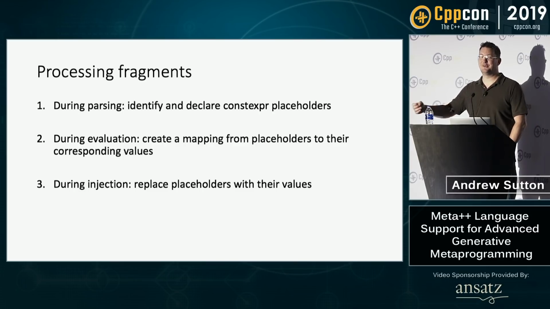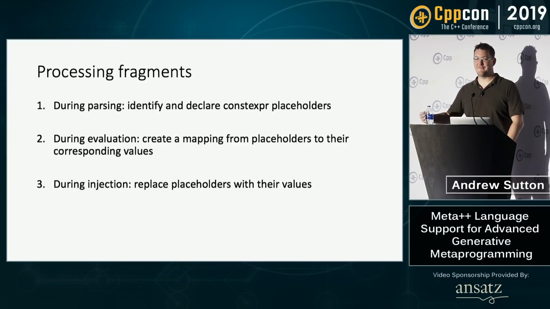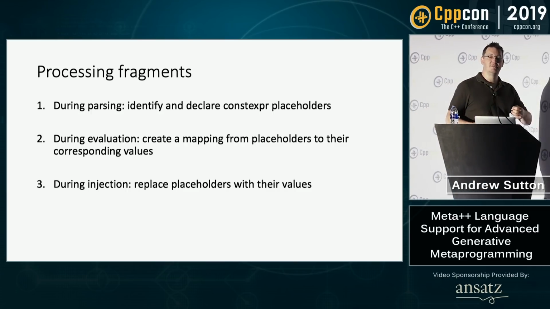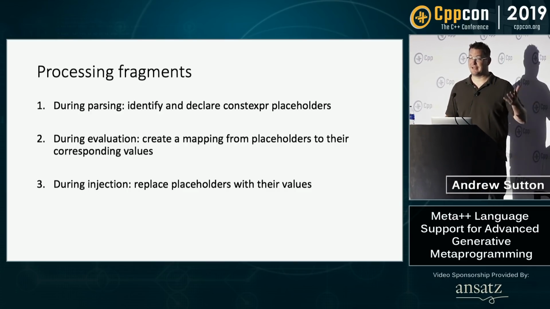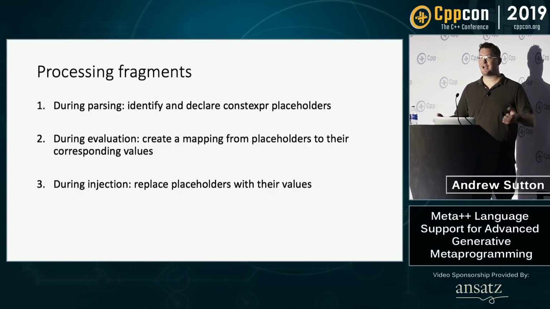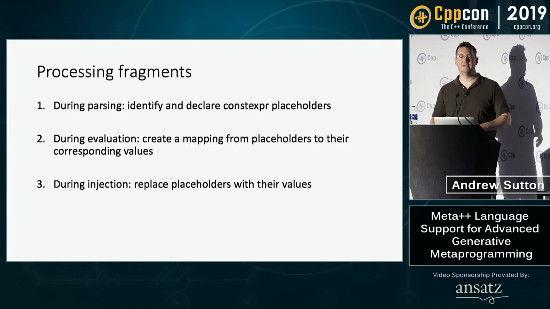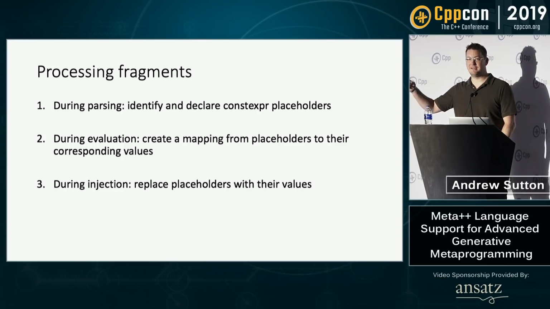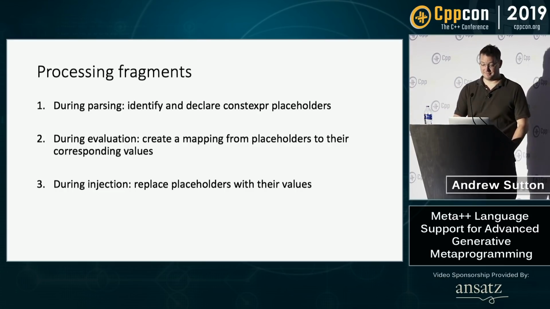Generating code that modifies your program is a fairly heavy side effect of evaluation, right? So we need some way to bridge compile time evaluation and code generation. And the only way that we can do this is to package up these values that we've computed along with code we want to generate and just defer that as long as possible, which happens to be the ideal point at the end of the metaprogram where you inject it.